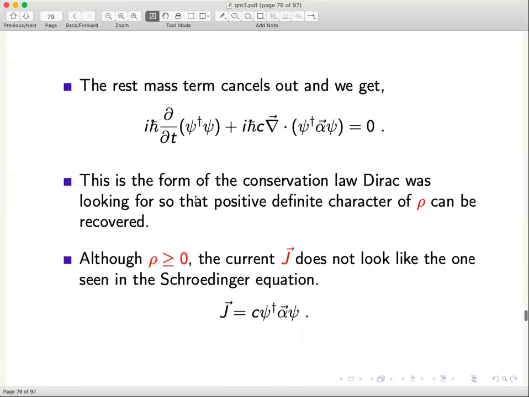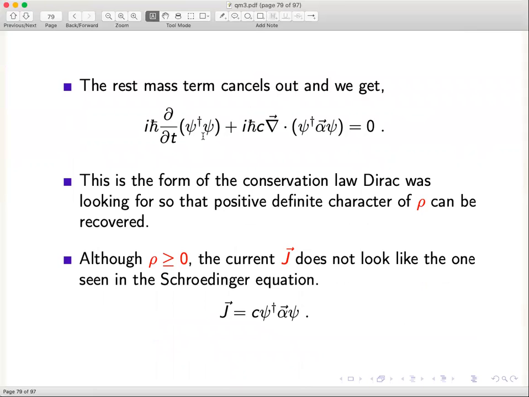So besides giving a charge conservation interpretation, you could also give a probabilistic interpretation to this, because it is manifestly positive definite. And of course, if you normalize ψ correctly, the highest value that it can take is 1.